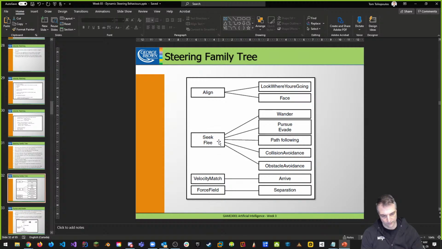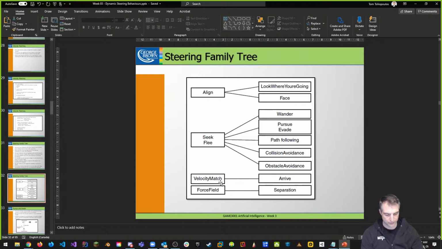Seek and flee. From that, you can get wander. You can get pursue and evade. You can do path following. You can do collision avoidance, which we're going to be talking about today, as well as obstacle avoidance. Velocity match, you can do arrival, right, because you want a velocity match if an object is moving and you want to get to that object in flight.